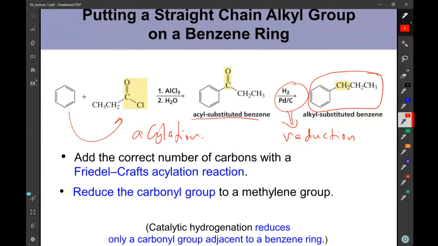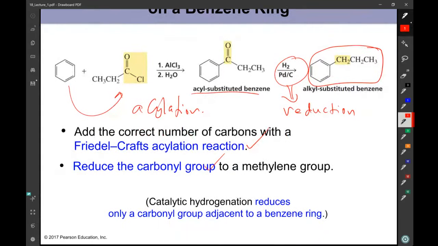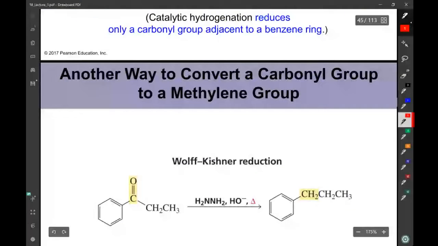That's what you do to synthesize the product by avoiding a rearrangement of the carbocation. First step, Friedel-Crafts acylation followed by reduction of the carbonyl. Those are the two steps, and that's how I will make my product A.